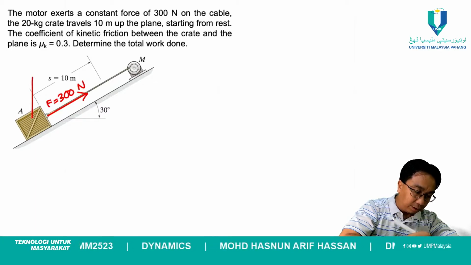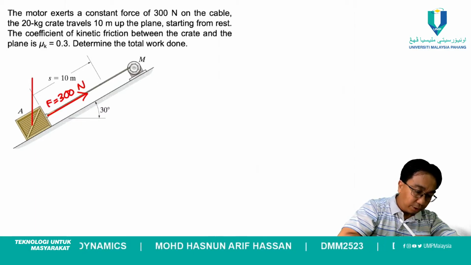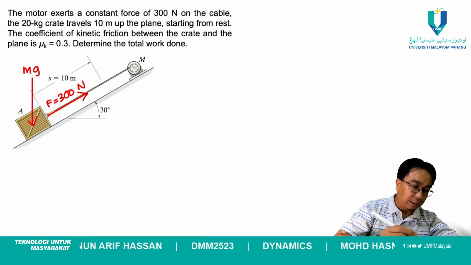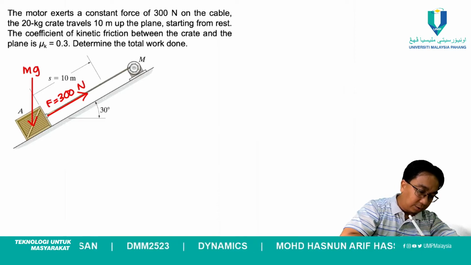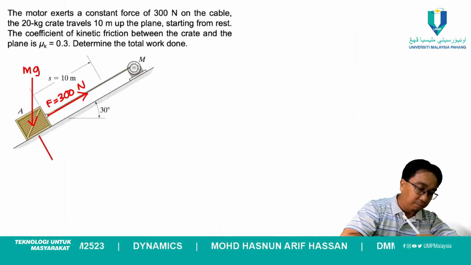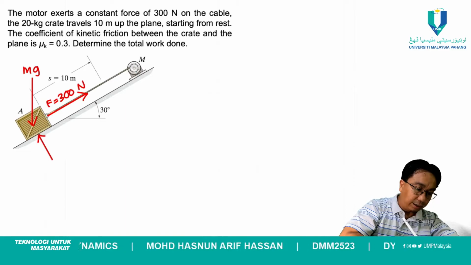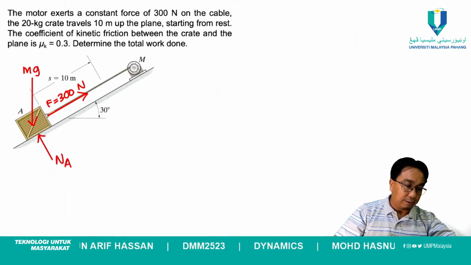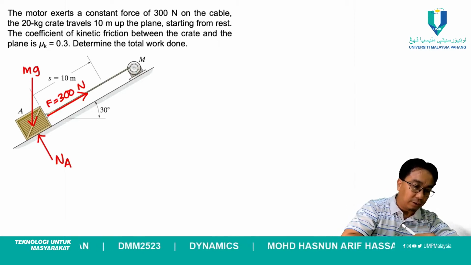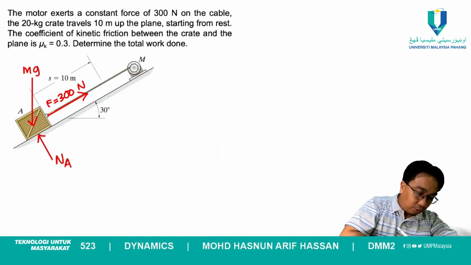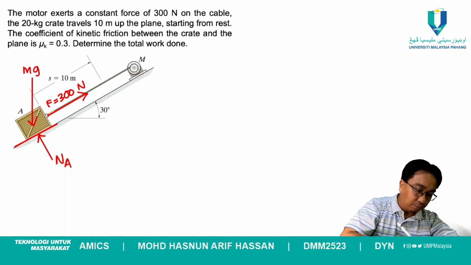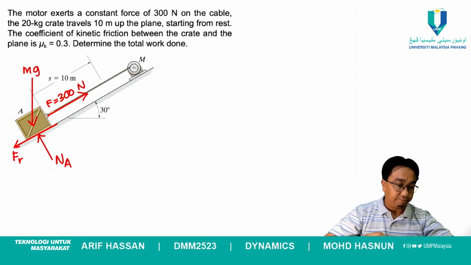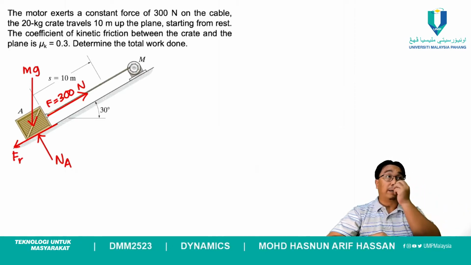There will be a weight pointing down here. This will be mg, and then this box is in contact with the ground, so there will be normal force NA. It says something about friction, so there must be friction as well going in the opposite direction. So this will be Fr. Determine the total work done.